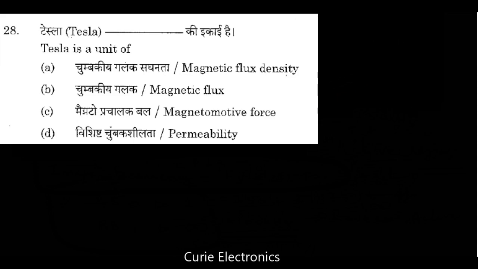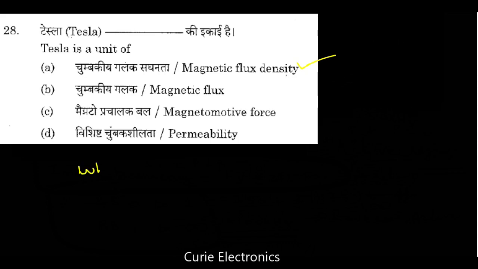Tesla is the unit of magnetic flux density. There is another unit, Weber per meter square.